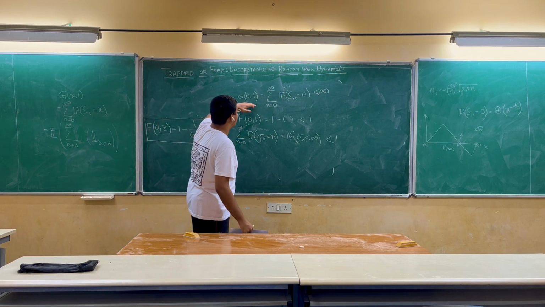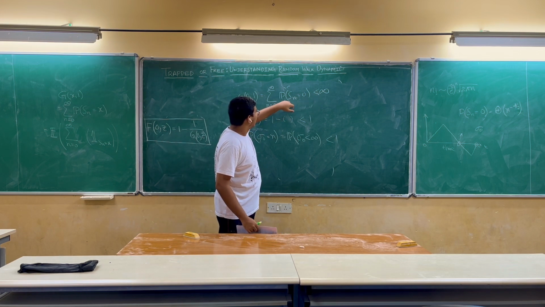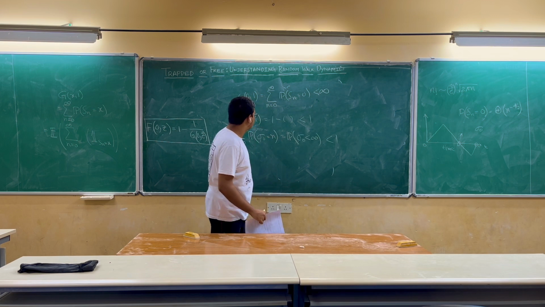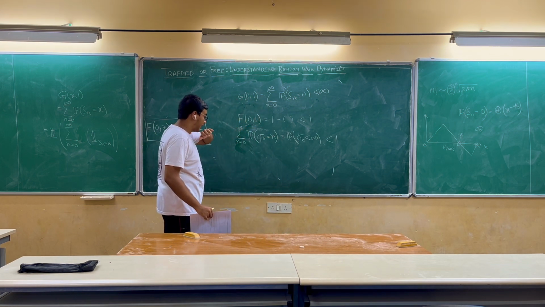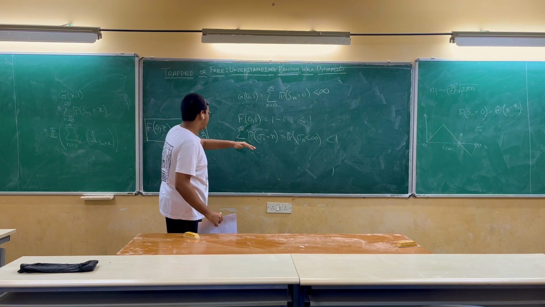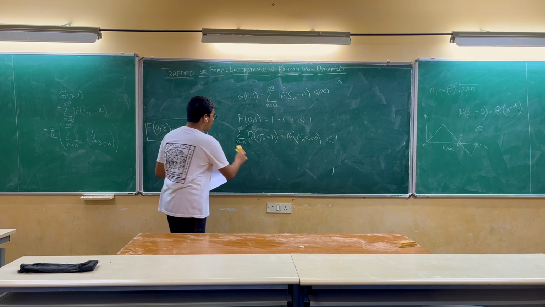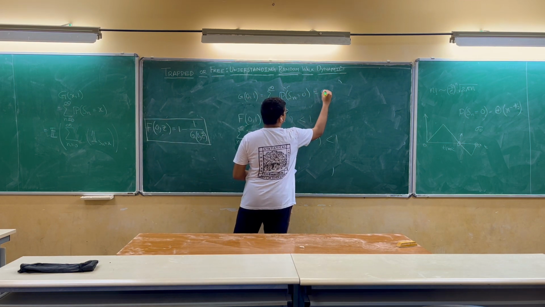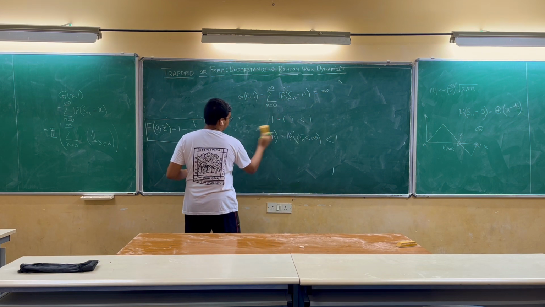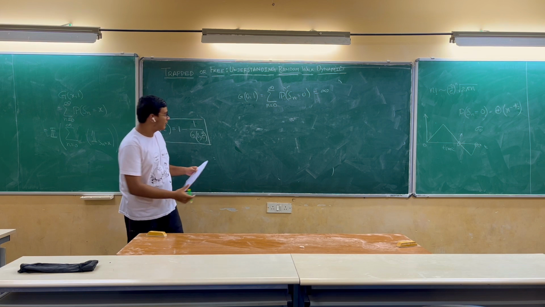So if g of 0 comma 1, the sum of all these probabilities, is finite, then the random walk will be transient. I mean that we won't visit the origin anymore. Okay? And if this sum is divergent, then obviously we have already guessed that the random walk will be recurrent.